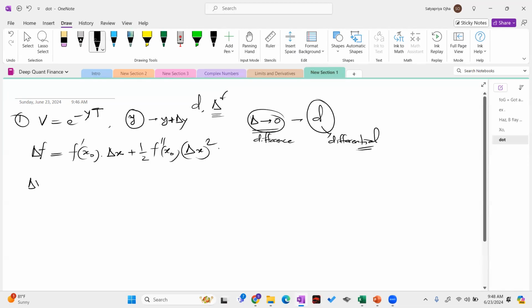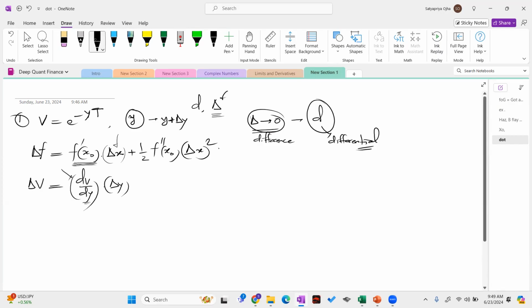So I can write delta v is equal to derivative dv by dy times delta y. Please note the difference. We have dv by dy here because we are actually calculating the derivative. It is the derivative, it is not delta. This term, which is the slope, is multiplied by how much the input is changing.